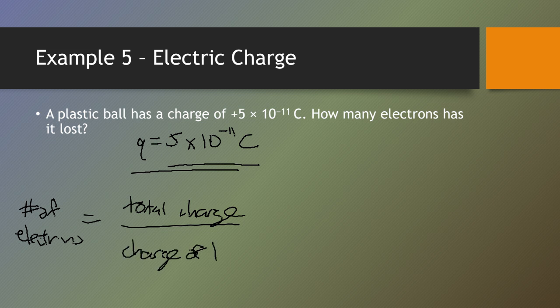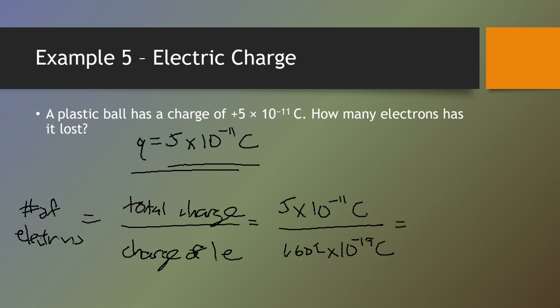And so that's 5 times 10 to the minus 11 coulombs divided by 1.602 times 10 to the minus 19 coulombs. And that will tell us how many electrons we have, or how many we've lost to give this ball its positive charge.